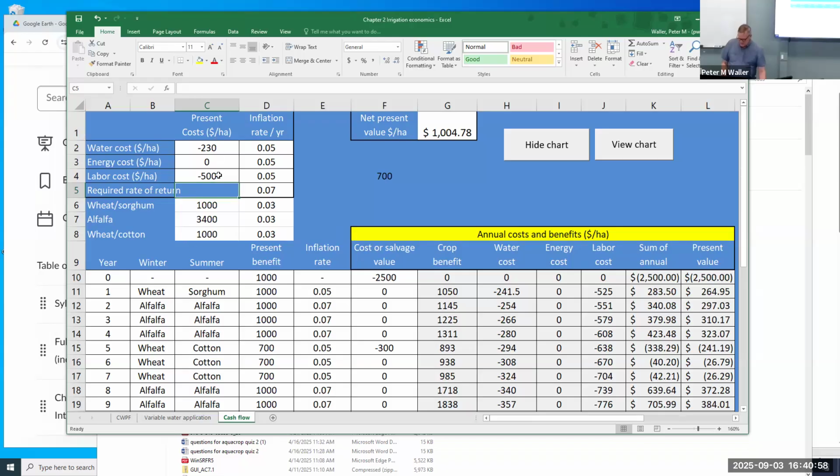Okay, so let's just say we're doing our drip now and we're assuming the labor's 0. And then I think for our drip system, didn't we say it was like $2,000 an acre? So it's gonna be more like 4,000 now instead of 2,500.